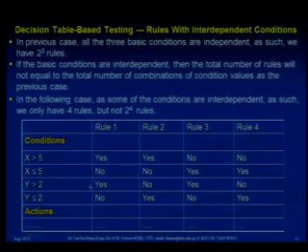You will find that it's not possible, because when x greater than 5 is true, x less than or equal to 5 is definitely no. When this one is yes, this one is definitely no. So those impossible combinations of condition values you should not include as a column in your decision table. They should be eliminated. Okay, so this is an important point. I hope you will bear it in mind.